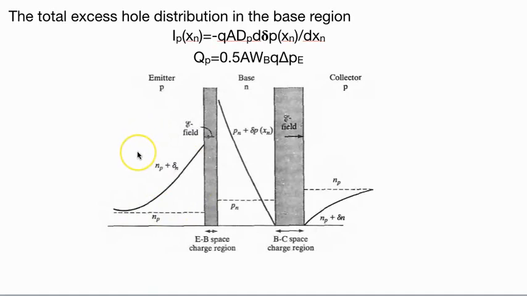When the holes from P region cross to N region, they decrease with almost a linearity Pn plus del P(xn), and at the base collector they increase to Pn. You can keep this diagram as your reference because quite a lot of questions are being asked over the charge carriers.